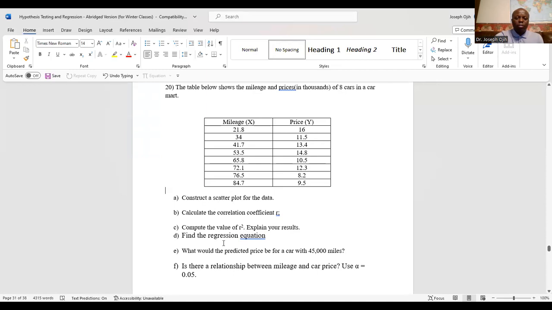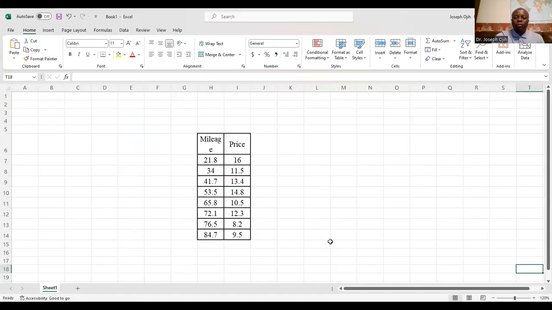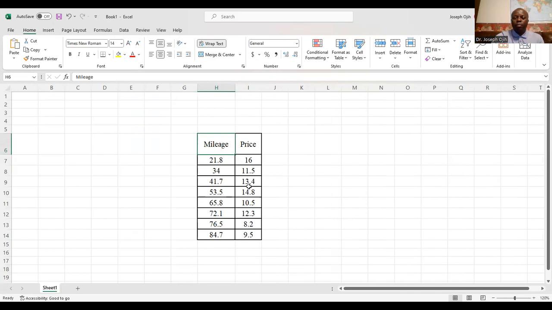Find the regression equation. What will be the predicted price for a car with 45,000 miles? And is there a relationship between mileage and the car price? Use alpha 0.05. Once we get our regression output, we'll be able to answer these questions, and then we can use the CORREL function to get the correlation coefficient to confirm whether it's negative or positive.